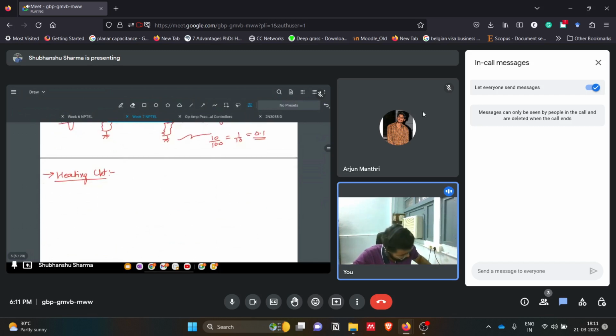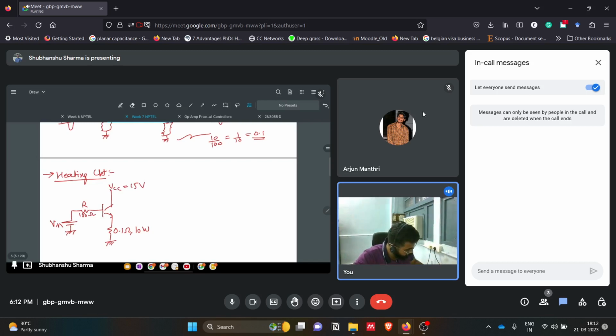If we see, it's a transistor simply connected with a 0.1 ohm 10 watt resistor, and we are giving some input V. This is R, which is let's say 20 ohms, and VCC is given, let's say 15 volts.